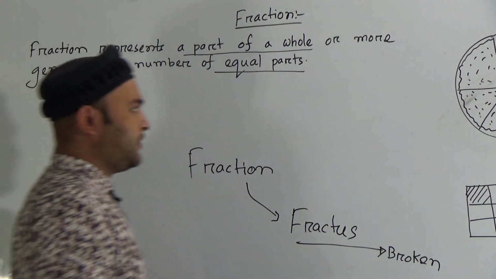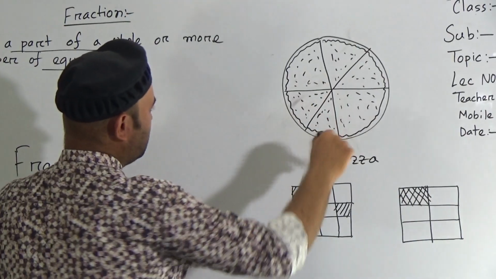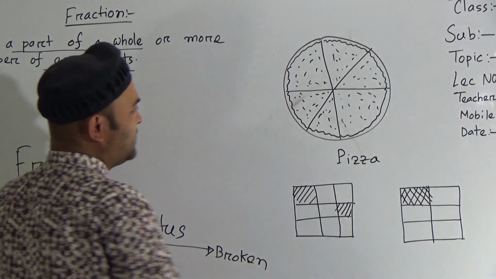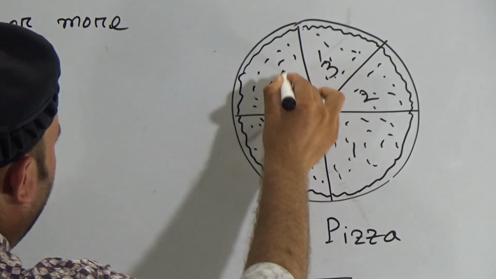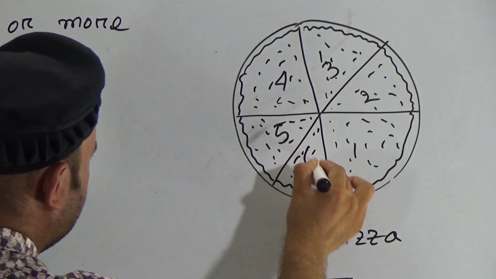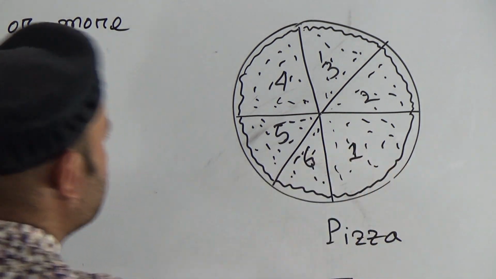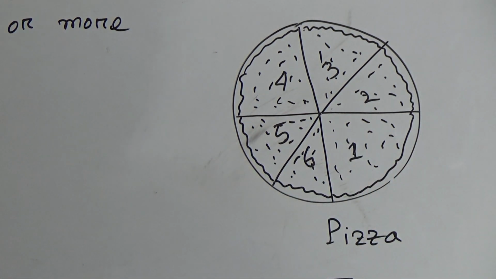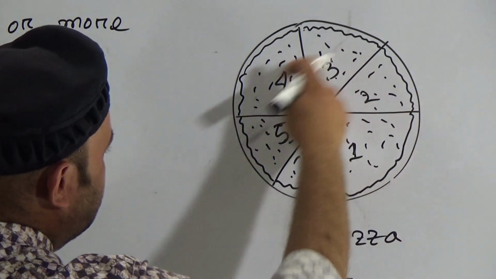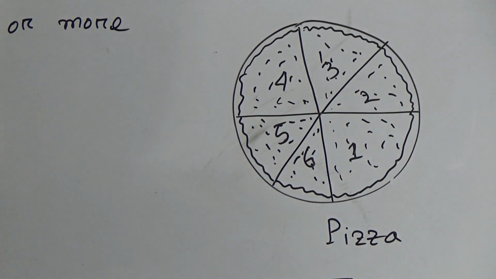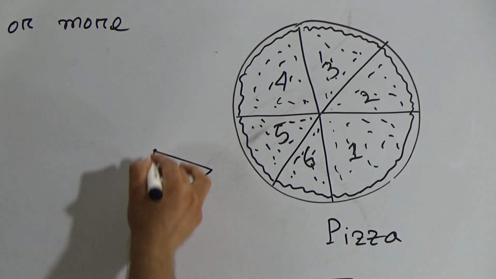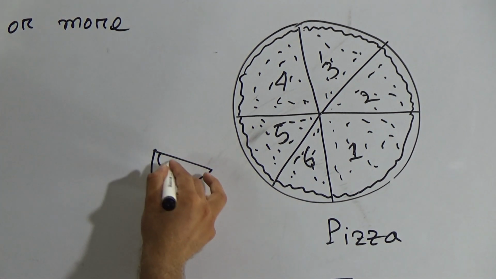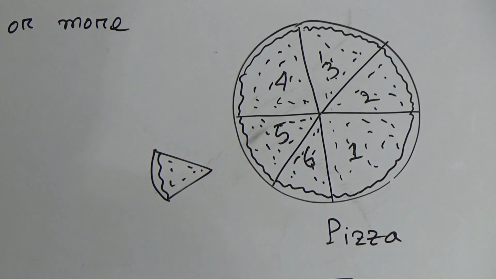Now look at the figure here. There is a pizza and there are 1, 2, 3, 4, 5 and 6 slices. If I divide these 6 slices among 6 persons, then this is 1 slice for a person.